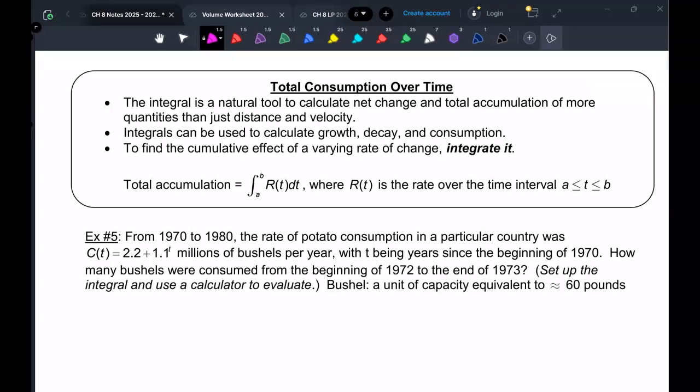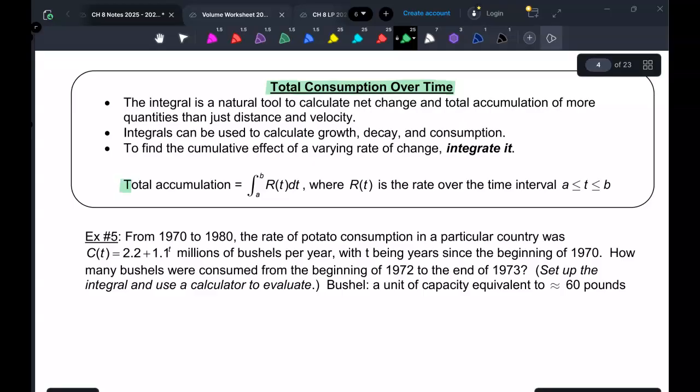Okay, last concept. Come on, we got this. All right, total consumption over time. For example, when we first started learning about integrals and asked what the total distance traveled was, we integrated the velocity.